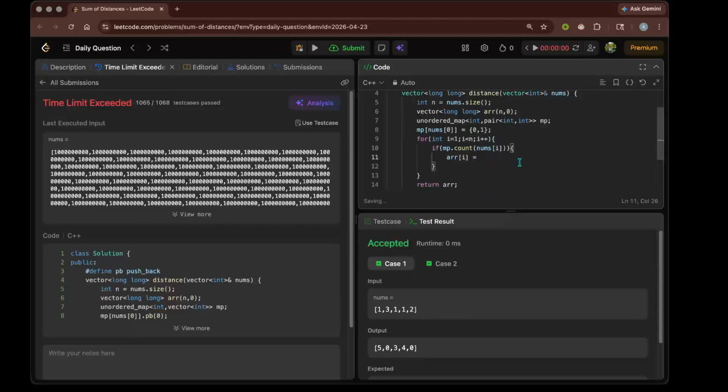If I know the index, okay, so what is the formula? Best, that is ARR of, okay, yeah.